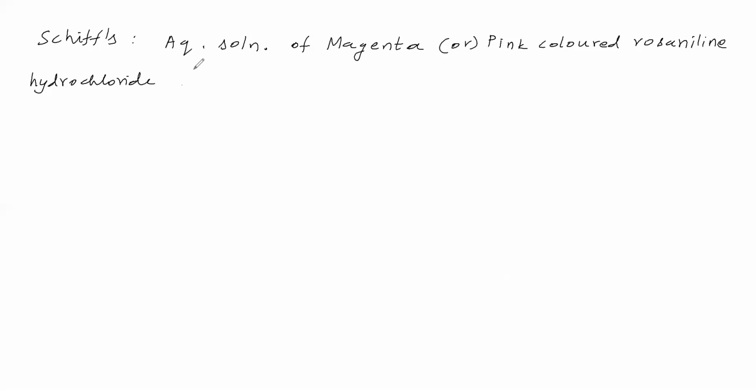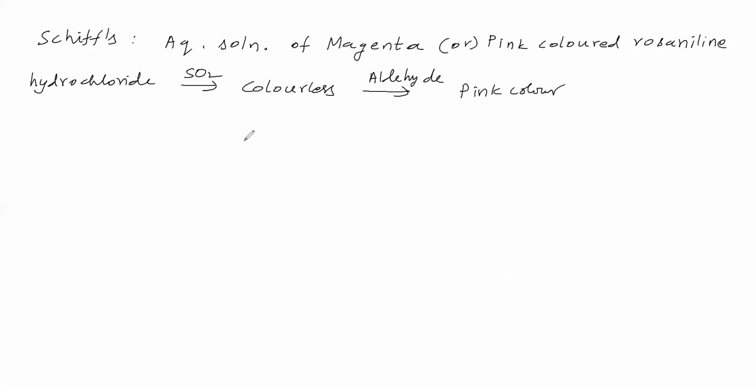To this we will pass sulfur dioxide gas. This pink color becomes colorless. Then we add aldehyde, and this pink color will be restored. Again we are getting pink color. Okay, aldehyde will respond. Ketones do not respond to this Schiff's test, we can say.